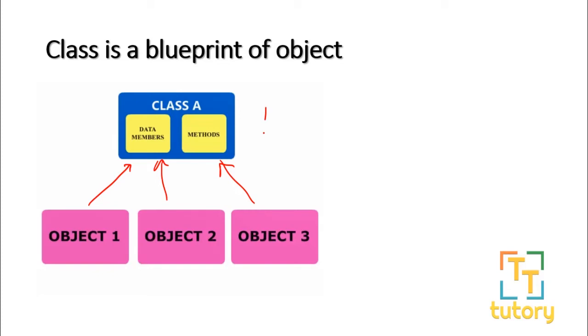Okay, so suppose we create another object 4 from this class, so we can say that this class A will act as a blueprint or a layout for the creation of object 4, where object 4 will share the data members and methods of the class A. Okay, so when we are defining an object, we are representing a class.